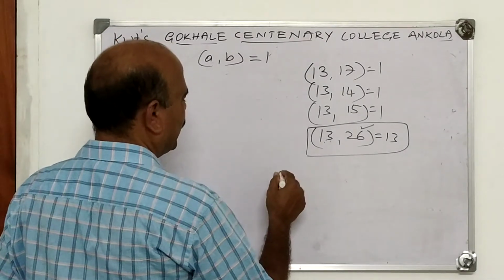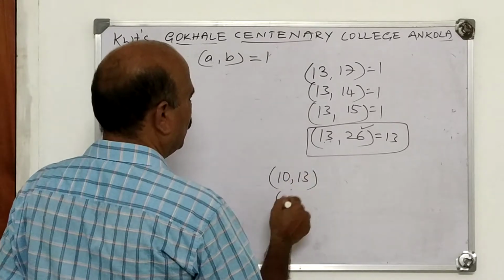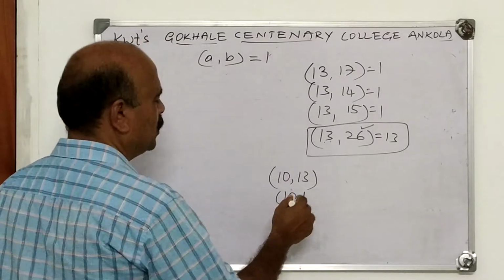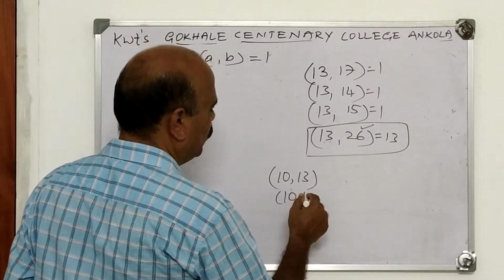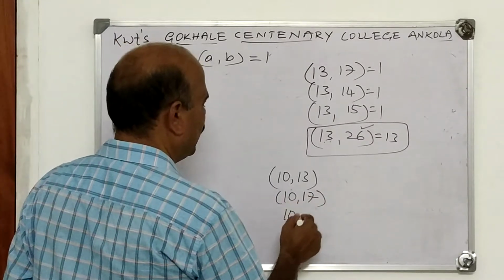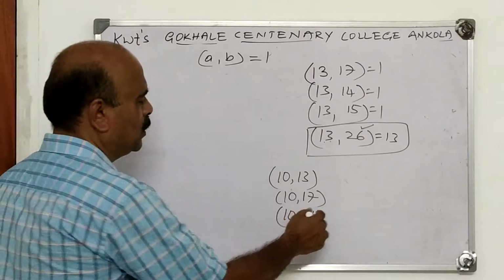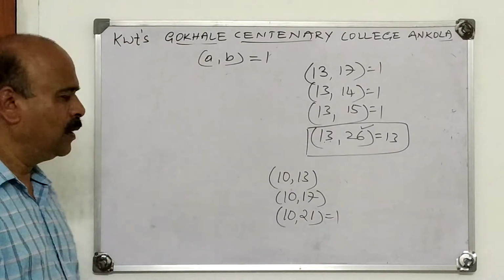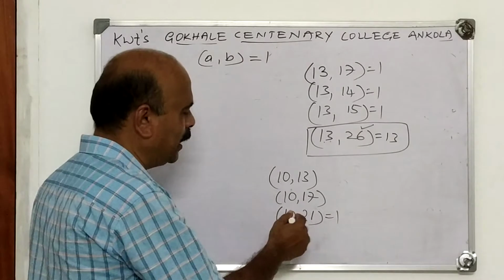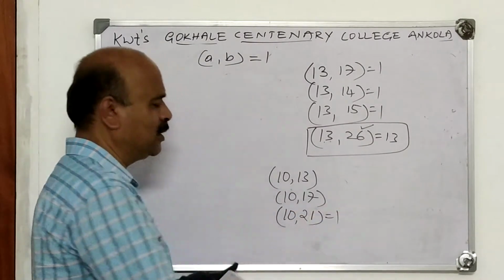One more example, I take 10. 10 is relatively prime to 13. Is 10 relatively prime to 14? No, it is not true. It is not relatively prime to 15 or 16, but it is relatively prime to 17. 10 is relatively prime to 21 because their GCD is 1. 10 and 21 both are composite numbers, but they are relatively prime because they have no common divisors other than 1.